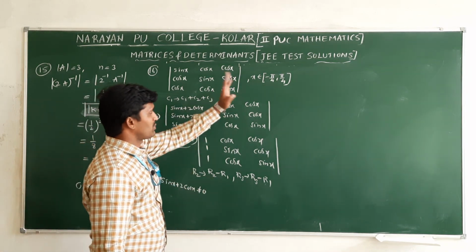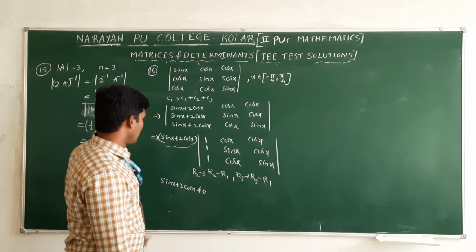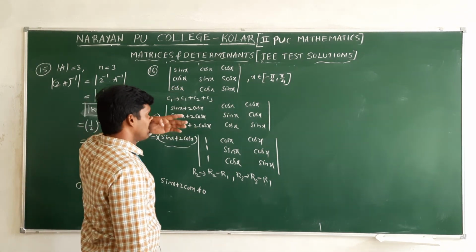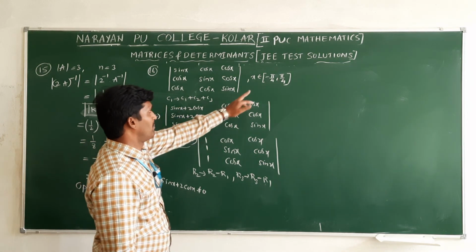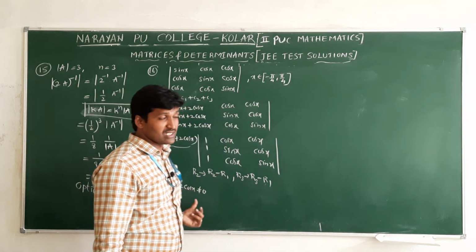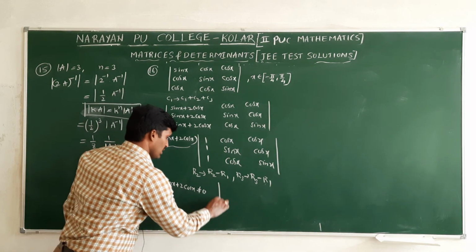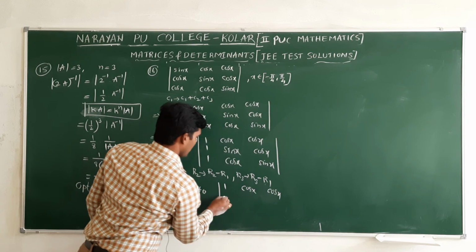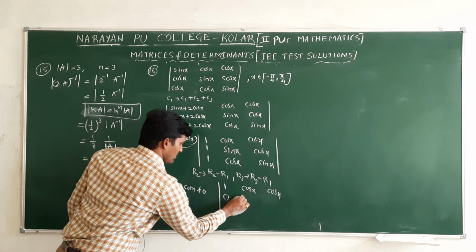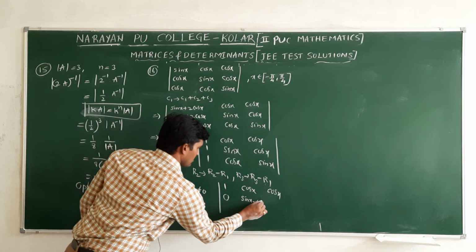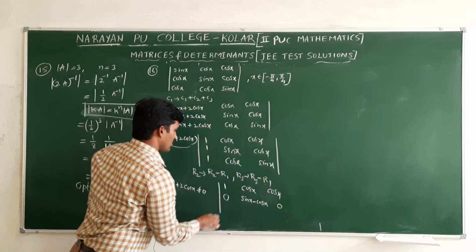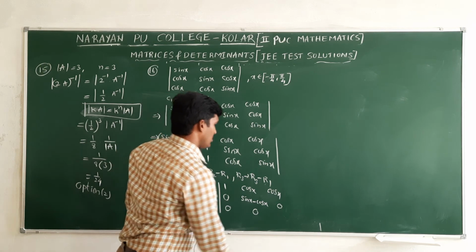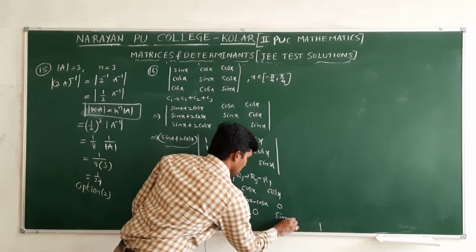From minus pi by 4 to pi by 4 this value never exists, because if you simplify you will get tan x is minus 2, and since at pi by 4 it is 1 and at minus pi by 4 it is minus 1, you never get a chance to get minus 2. So remaining: 1 here, cos x; 1 minus 1 is 0, sin x minus cos x, 0; for R3 minus R1, 1 minus 1 is 0, cos x minus cos x is 0, you will get sin x minus cos x.